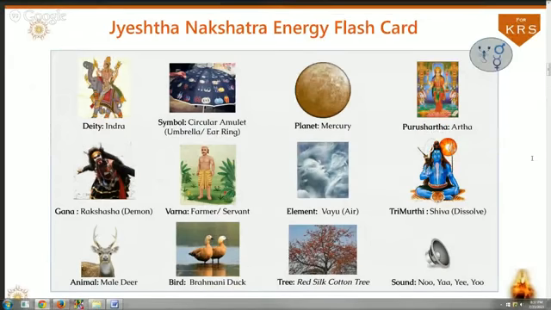So this is my trademark. I always use energy flashcards. I use this because it can be used as a visual aid. It can be used as a memory aid. And it can also be used very effectively for creative visualization or nakshatra meditation that I use it for.